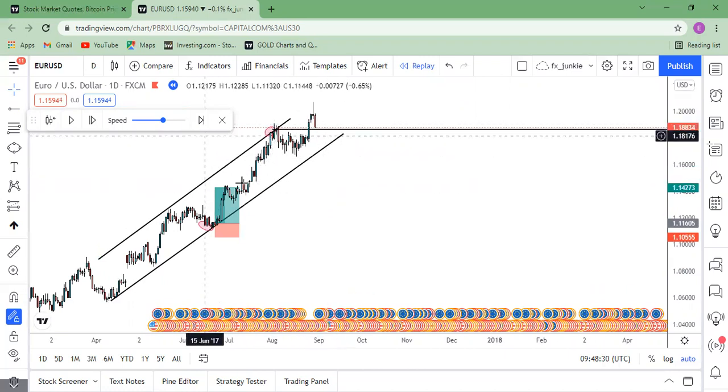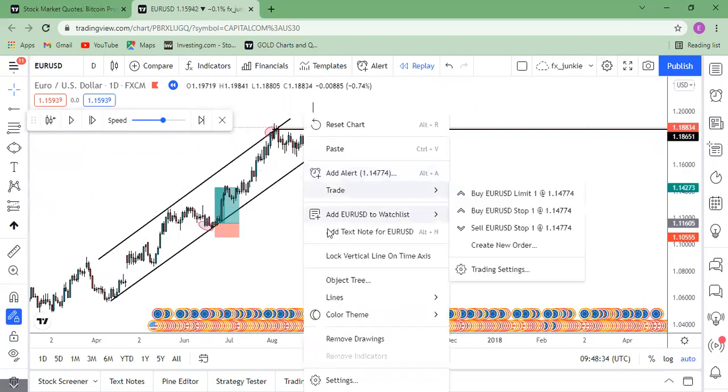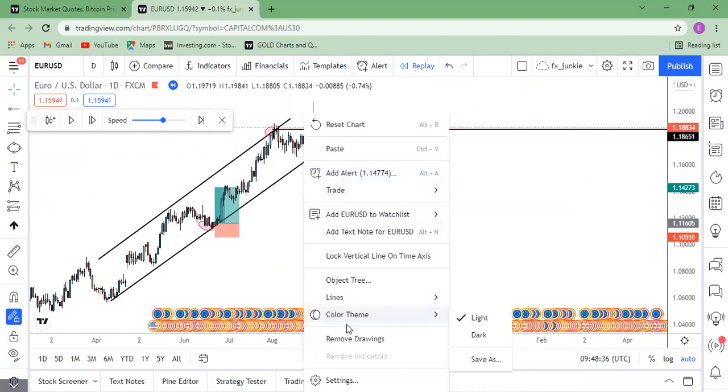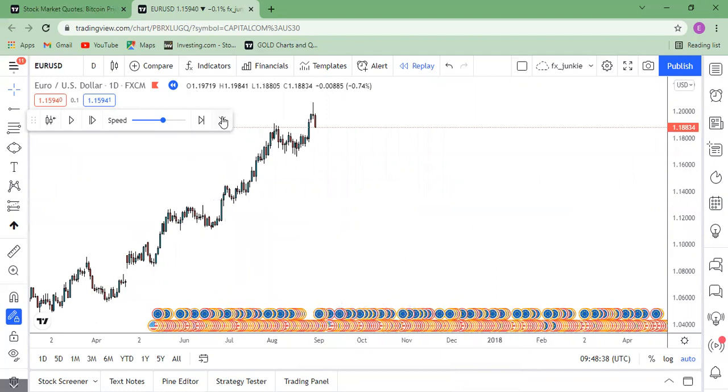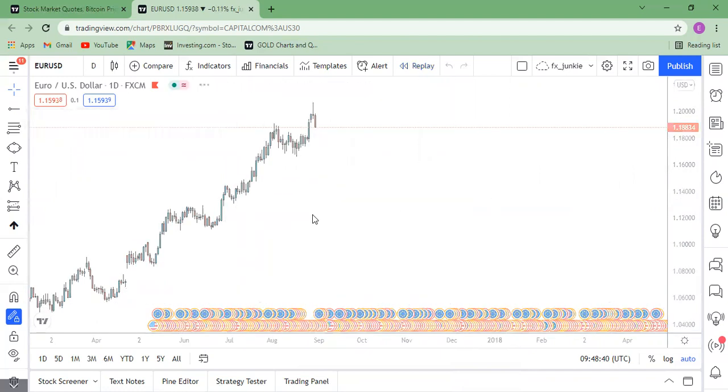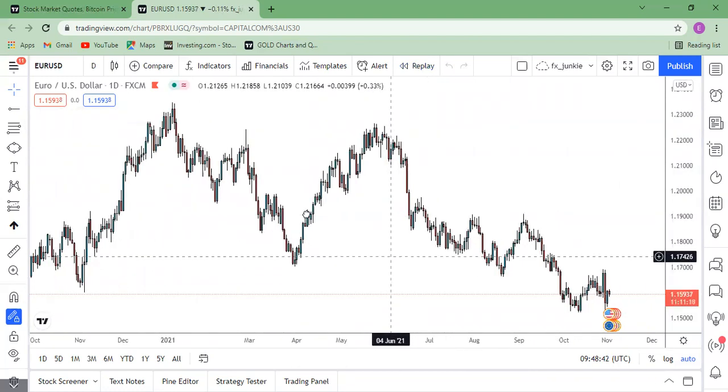Okay, so now I'm gonna show you how to trade on a downtrend. Uptrend is working. Let's go trade a downtrend.